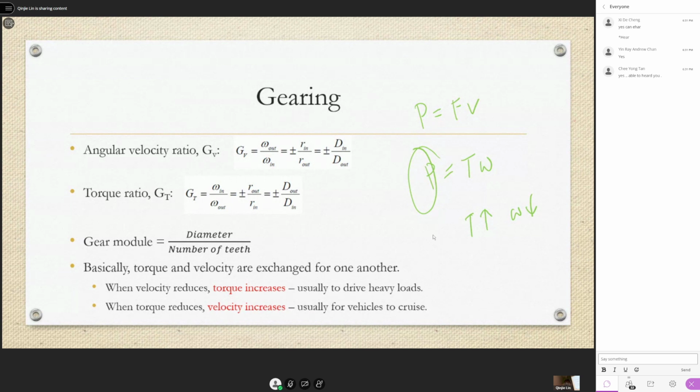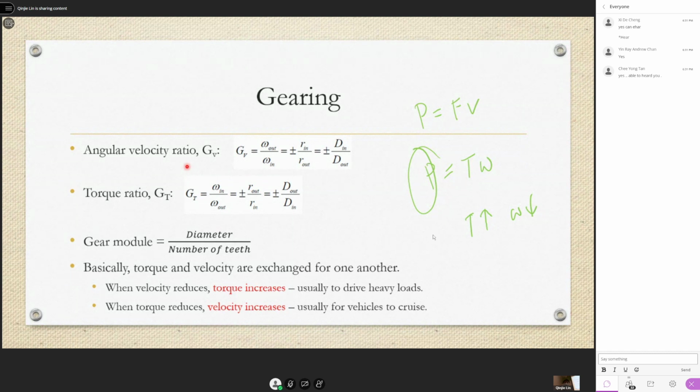This is why these ratios are opposite from each other. One is angular velocity, the other one is describing torque. Basically, when you have two gears attached to each other, the size will determine how fast the second gear will turn.